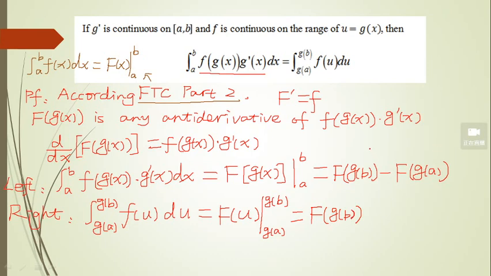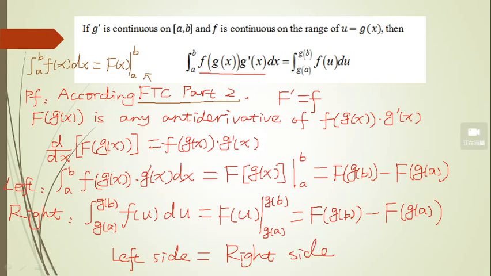That is the function evaluated when x equals b, then minus F(u), where my u is g(a), the left endpoint. Now we have proved that the left side equals the right side. They are the same.